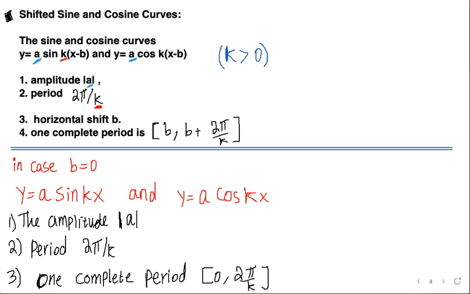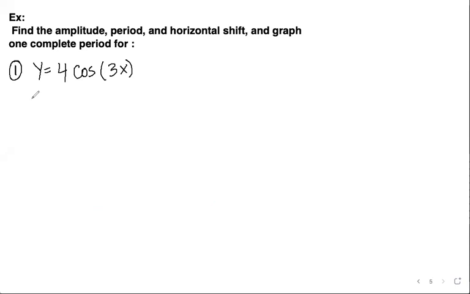The amplitude is the absolute value of a. So here the amplitude is the absolute value of 4. If this were minus 4, they give me 4, taking the positive only. That's true, Angel.